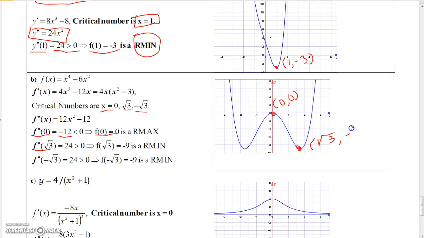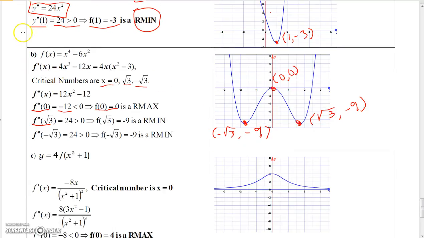Negative 9. Also, minus square root of 3 does the same thing. If you plug minus square root of 3 into the second derivative, you get a positive number. So that point, minus square root of 3, negative 9, is also a relative minimum. And again, that's just using the second derivative test.